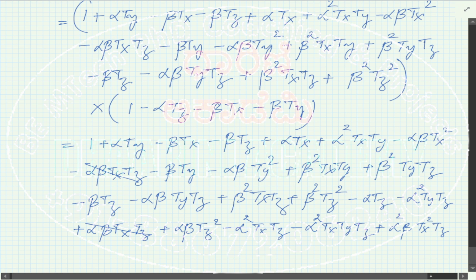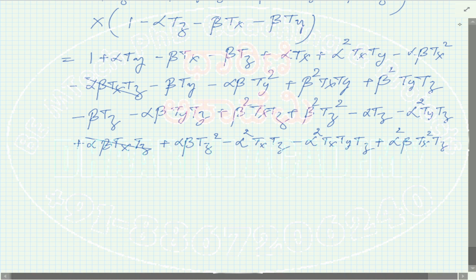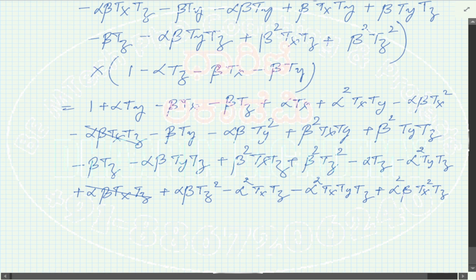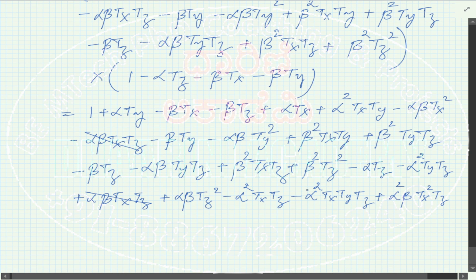Then the same term which we multiply further is this: minus alpha Tz into this term. Minus of minus is plus alpha square beta Tx Tz square.